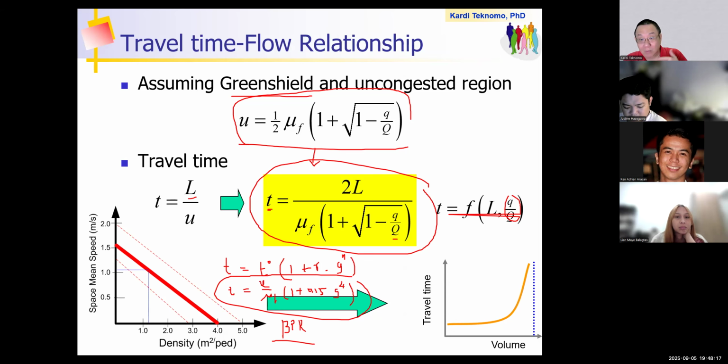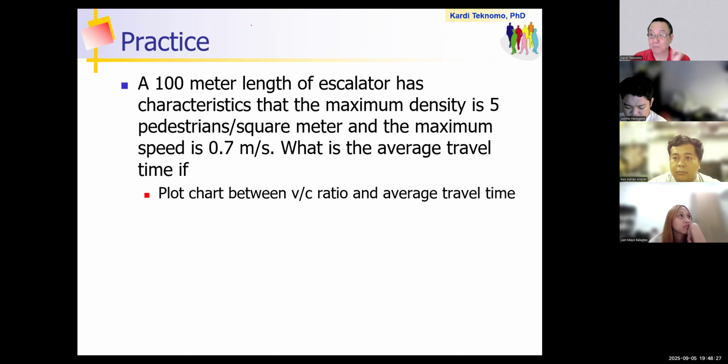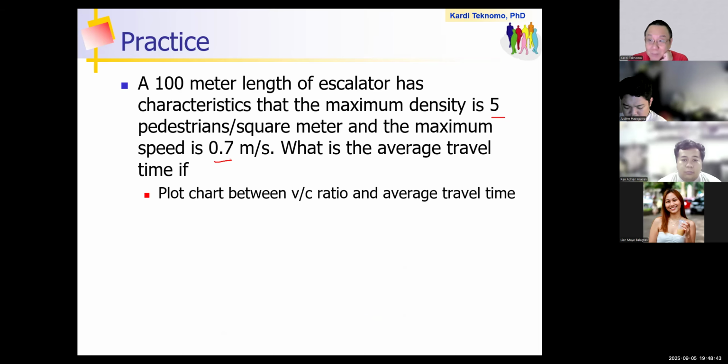So, I have a 100-meter escalator. We have a maximum density of 5 pedestrians per square meter, and the maximum speed is very small, 0.7, because an escalator is a machine.